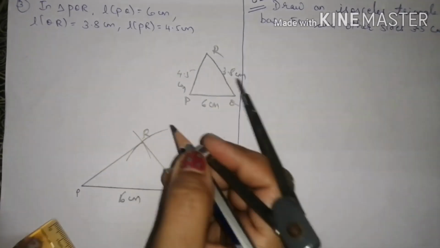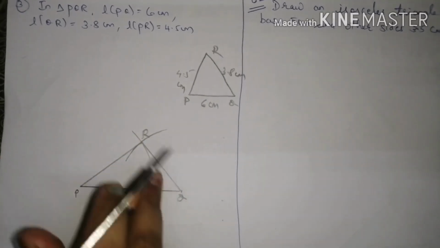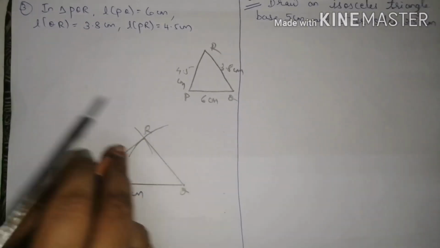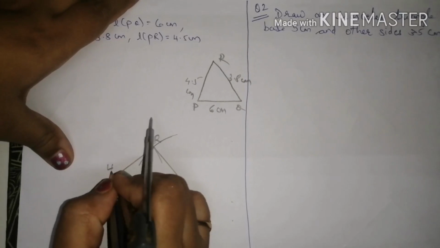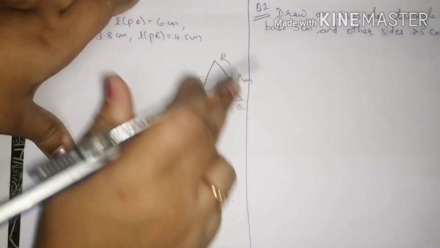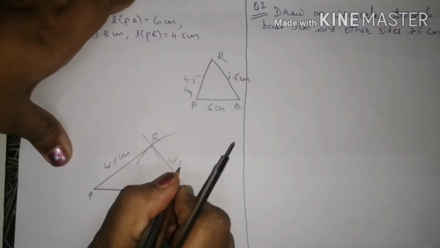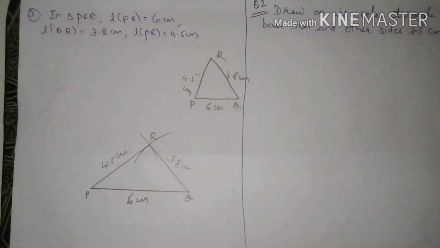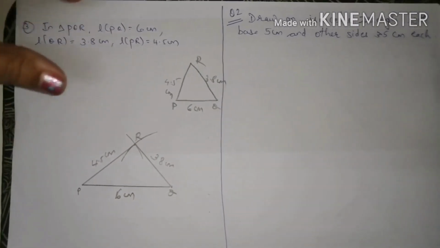Here name the triangle's last vertex, R, so PQR. So these are the three sides of the triangle. PR is 4.5 and QR is 3.8 centimeter. So question number 1, all the three questions are done.